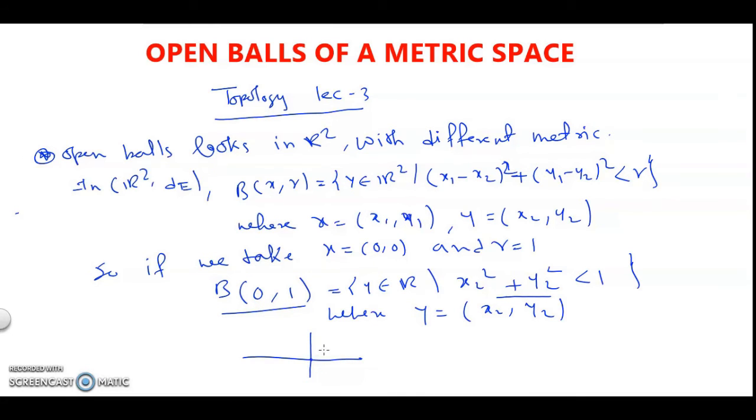So this is x, that is (0, 0), and B(0, 1) is this circle, where the radius r is 1.